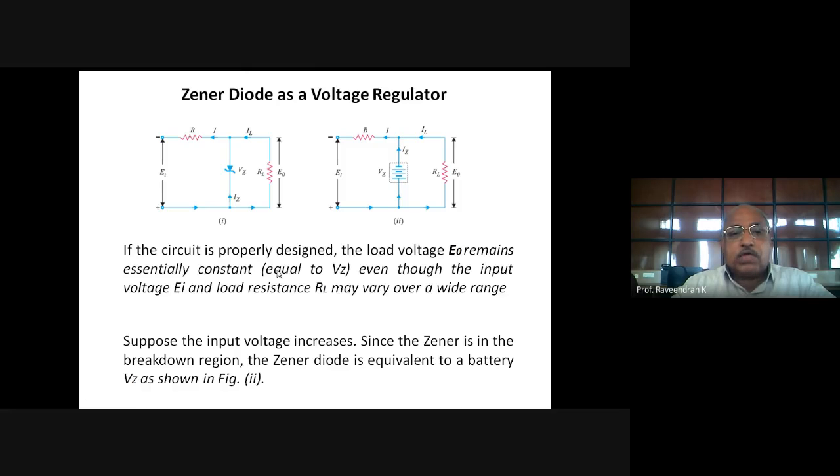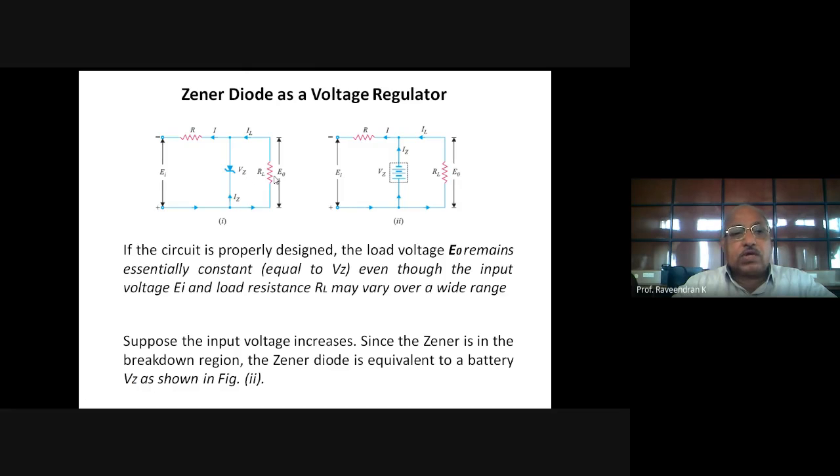Now, if the circuit is properly designed, the load voltage E0 remains constant. If you design the circuit in such a manner that the Zener diode operates in its Zener region properly, then across the Zener diode the voltage will be constant, or the Zener voltage Vz will be equal to the output voltage available across the load resistor RL, that is E0.